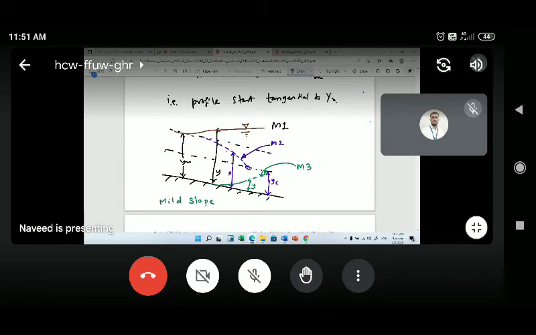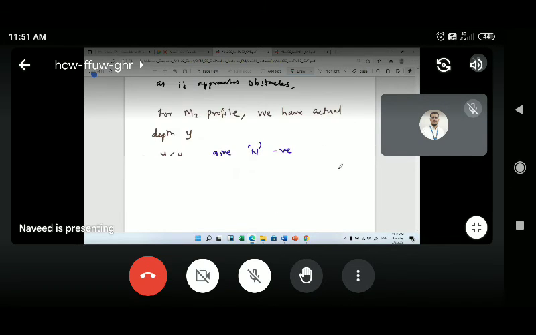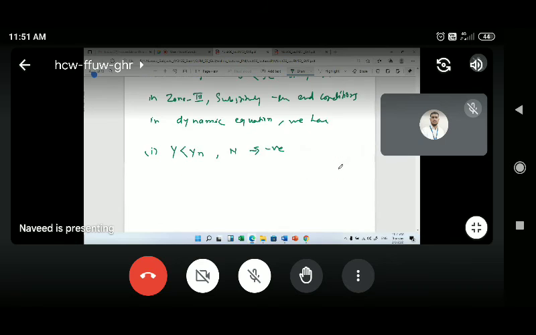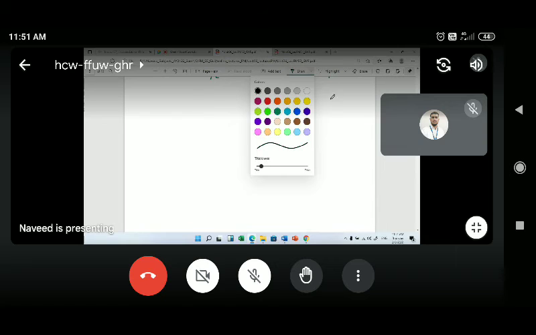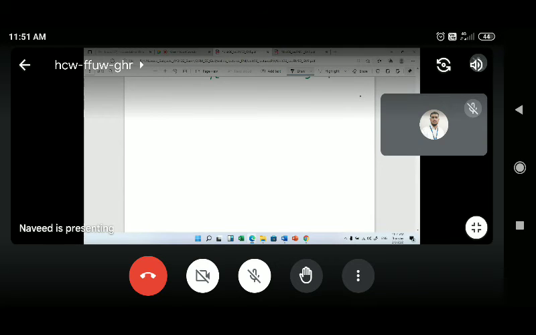So for the mild slope, I will redraw once again so you should understand the profile. This is the critical line, zone 1, this is the actual flow in case of mild slope.